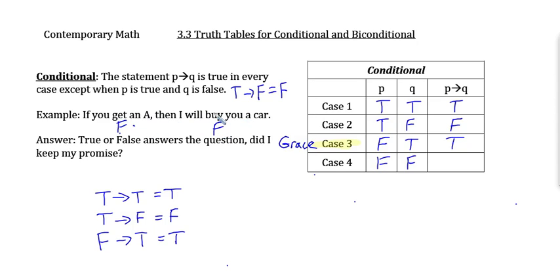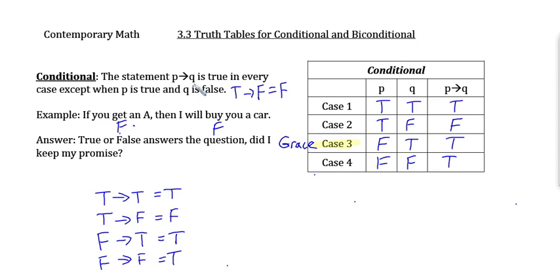You didn't get an A, I didn't buy you a car. Did I keep my promise? Well, again, as soon as you don't hold up your end of the bargain, I'm free to not buy you a car. And so this one is also a true statement. And so it rounds it out. False arrow false is going to equal true.